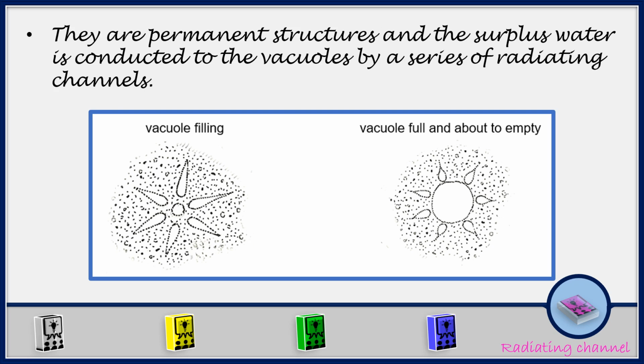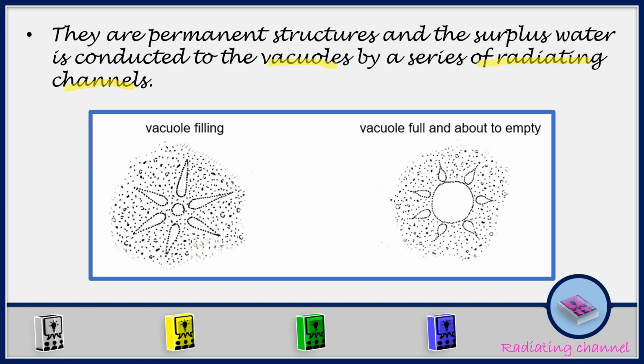They are permanent structures, and supply water is conducted to the vacuoles by a series of radiating channels. Now this one is with the paramecium. When you look at the paramecium, it has a contractile vacuole on both ends of the cell.